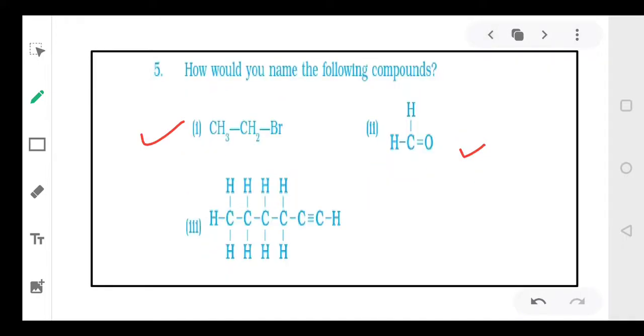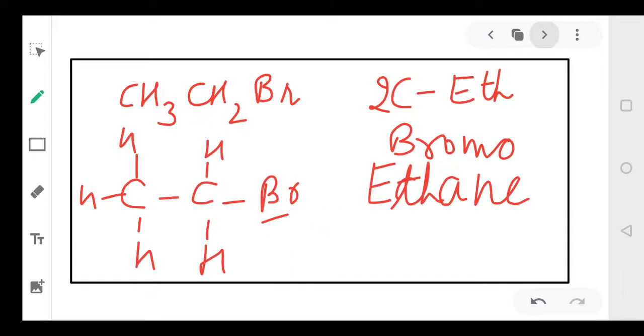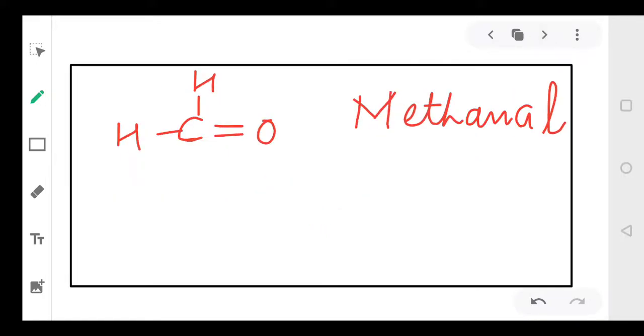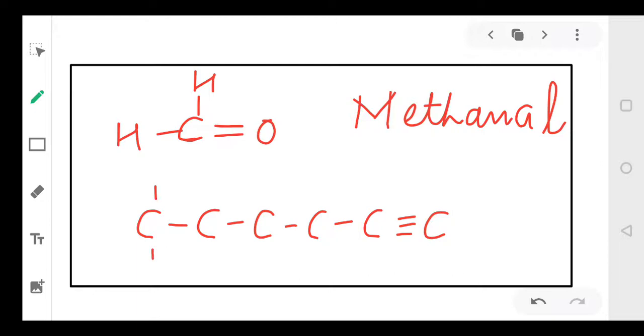Next you have this compound. Let's represent it here. This is your compound drawn there. Now try to count the number of carbon atoms. Count the carbon atoms, how many are there.